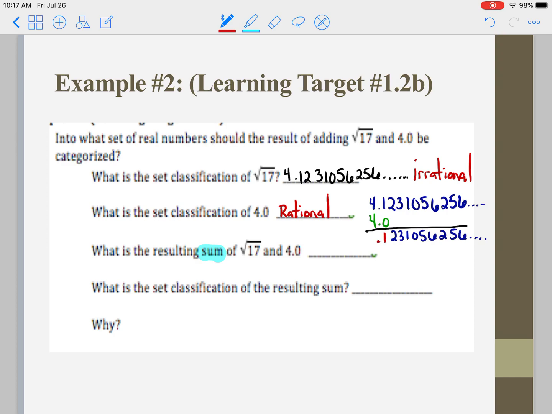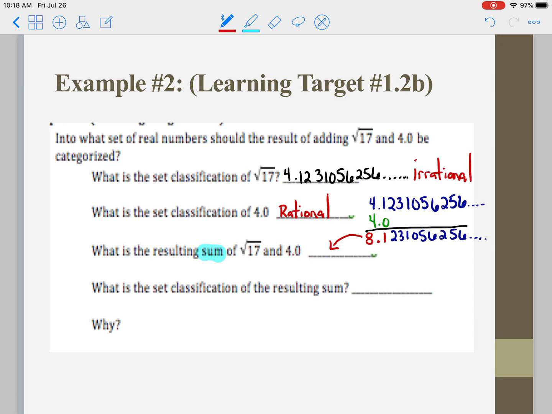But just for the sake of completing it, we can see that the resulting sum of 8.1231056 and on and on forever is a decimal that neither repeats nor terminates. So this is our answer here.